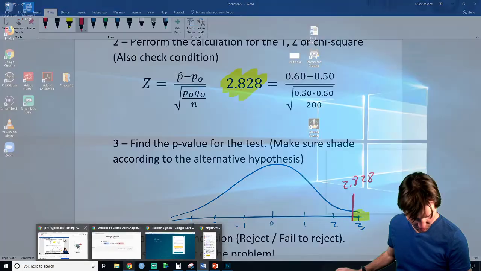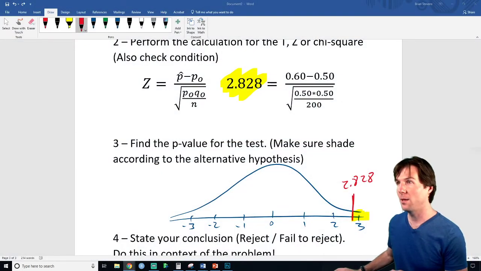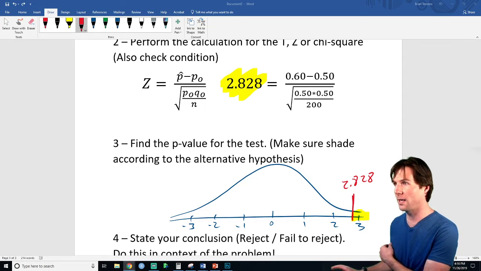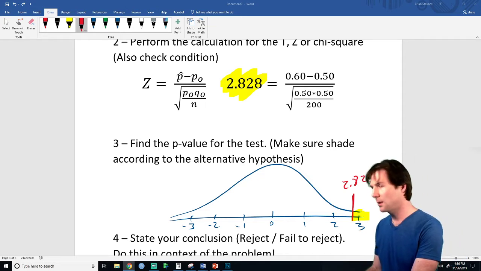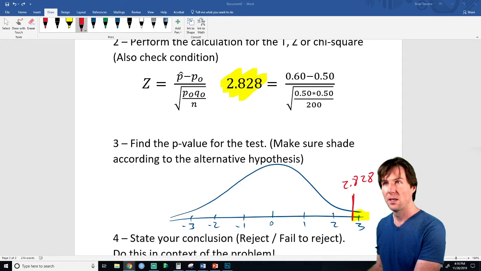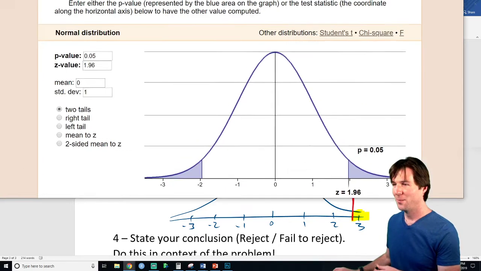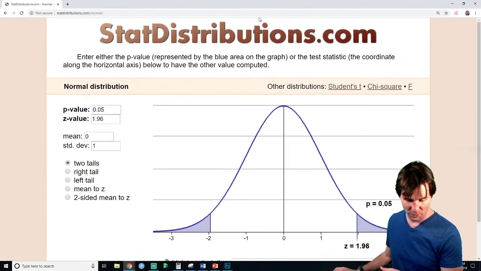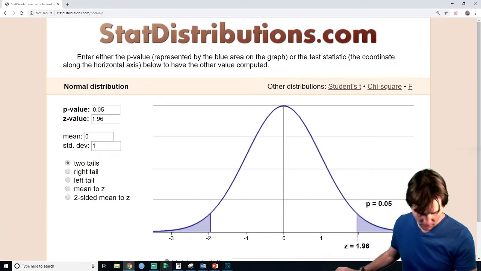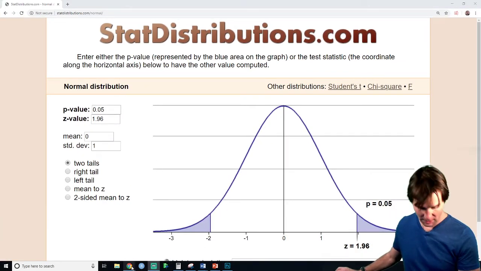Let me go up to here and pull down the David M. Lane normal curve. You know what? I'm going to go to StatDistributions again. I want to give them a big shout out, not that my shout outs matter, but it's a great site, and they really do a good job on it.